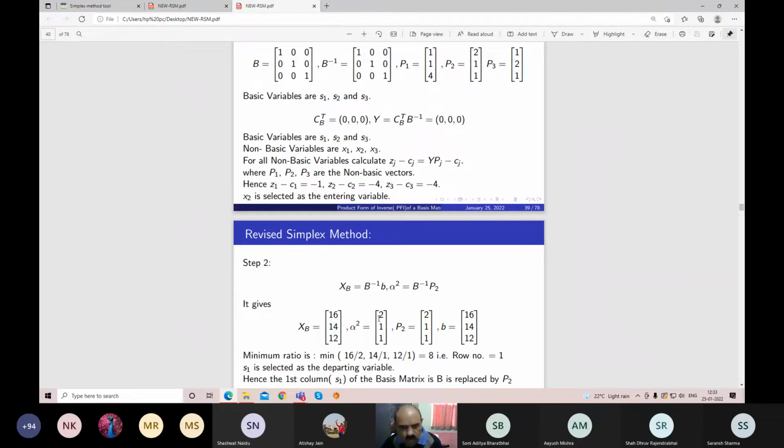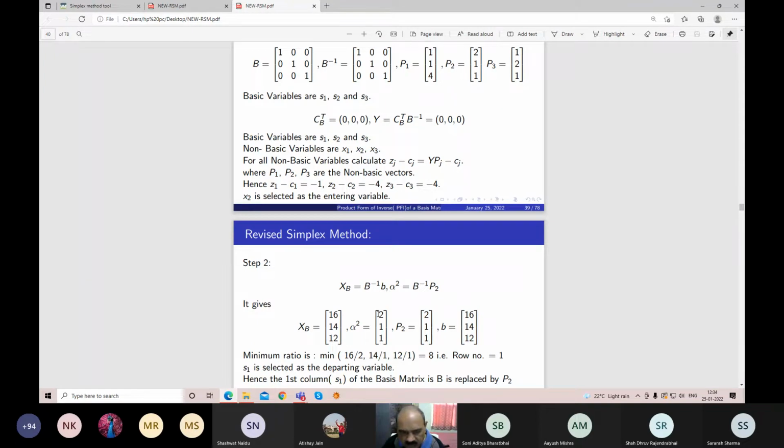We would like to find the inverse of the matrix using the product form of inverse. The minimum ratio is with respect to row number 1. There are 3 elements: this 2 is with respect to the first row, 1 with respect to the second row, and this 1 with respect to the third row.